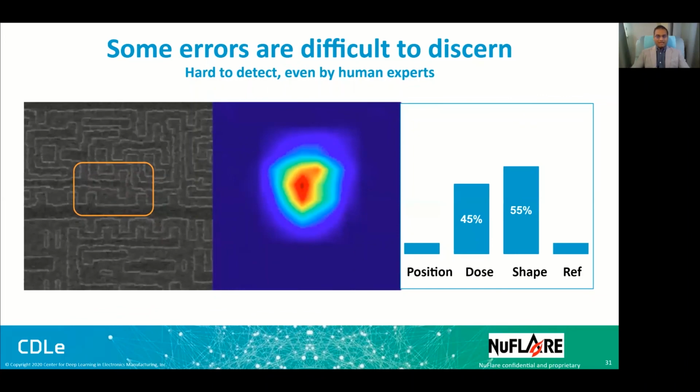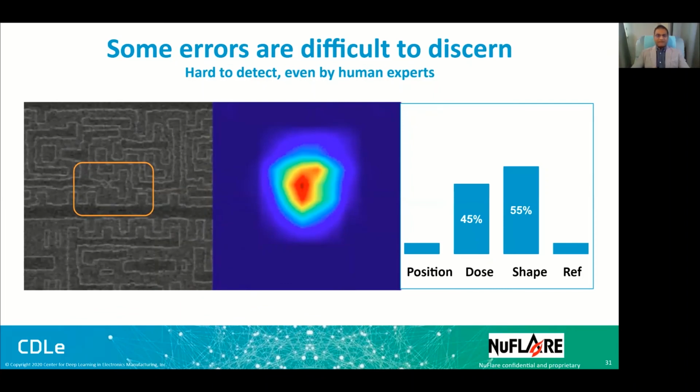However, as the network is confused, it turns out that this kind of error is even hard to discern by a human expert. Other information is needed to make a good diagnosis on these errors.